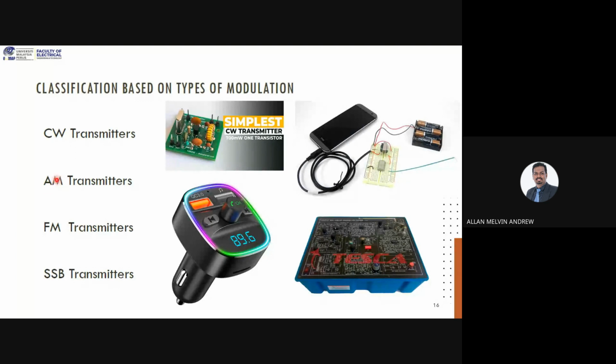So we have AM transmitters. I believe you have seen this in your car, attached to the cigarette lighter socket. You attach this, then you can just tune it according to the frequency. Usually it comes together with AM and also FM, even though FM is the one that we use more, because FM is more stable.